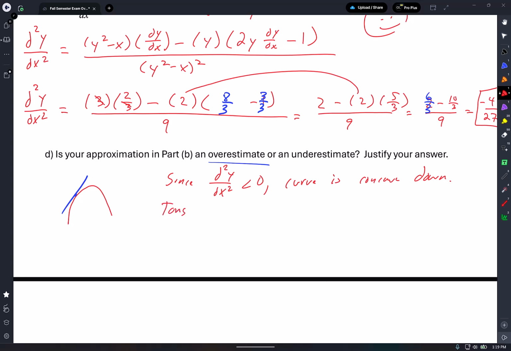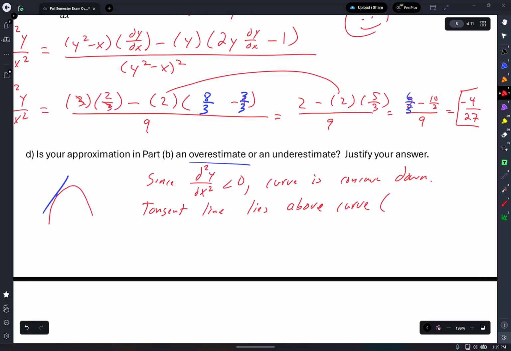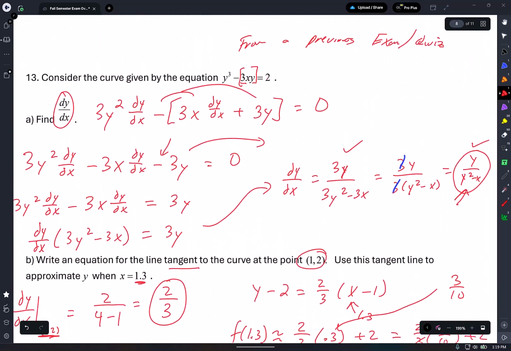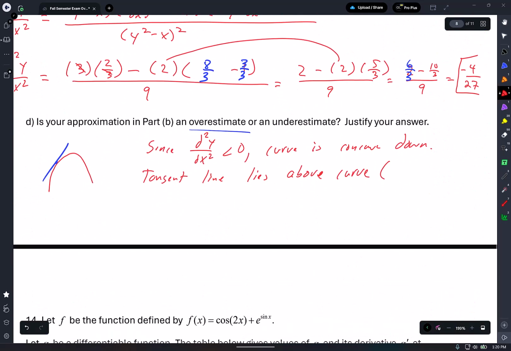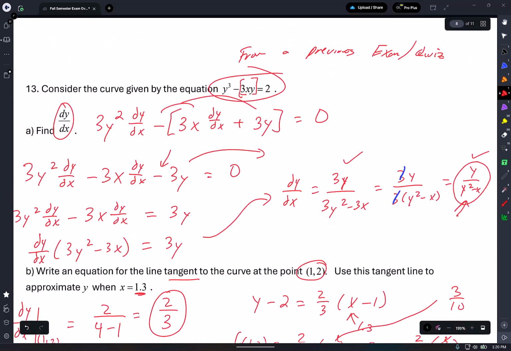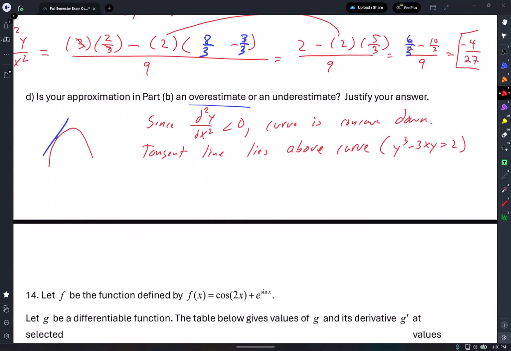Tangent line lies above curve. What curve am I talking about? I'm talking about this curve, that one right here: y cubed minus 3xy equals 2. Yep. Tangent line lies above curve, comma, hence, comma, approximation is overestimate.